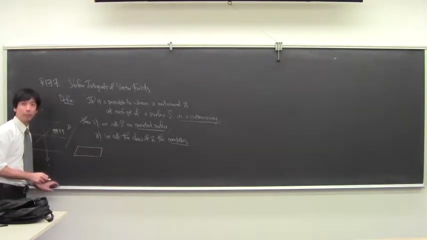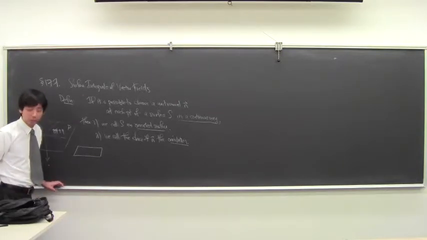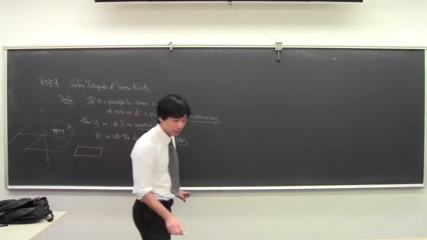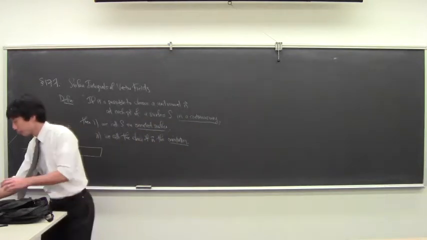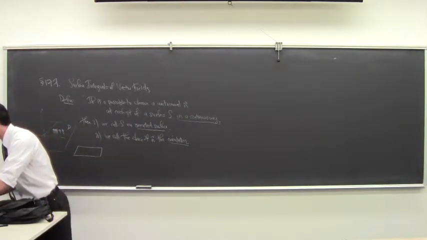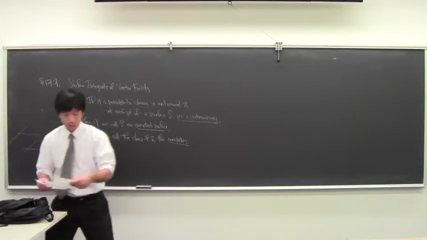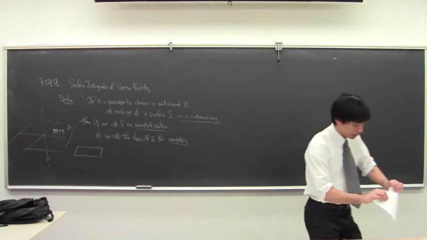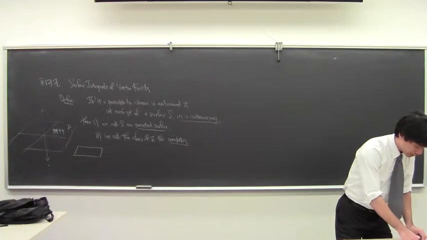Now, if I have something like the Mobius strip, are you all familiar with a Mobius strip? Anyone know what a Mobius strip is? No? Okay. So the Mobius strip is something cool. You take a sheet of paper, and take a strip off of it.